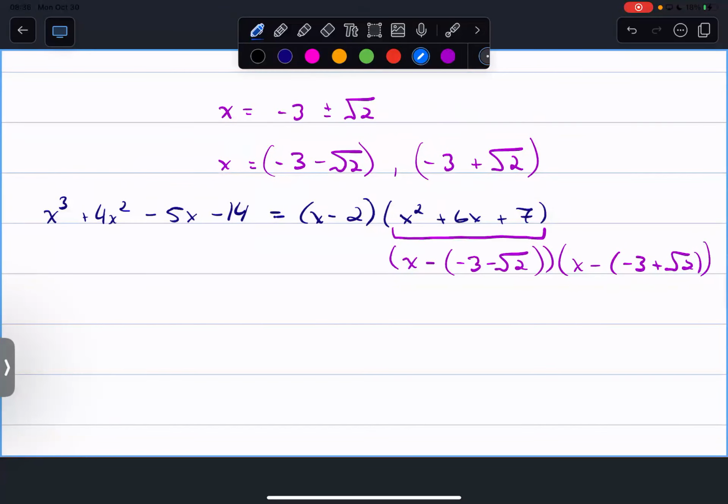Just so we have a handle on this, what are these approximately? -3 minus √2 is roughly -4.414, and -3 plus √2 is approximately -1.586.